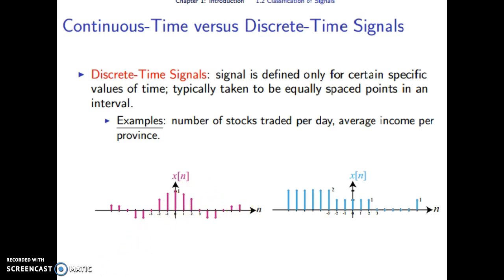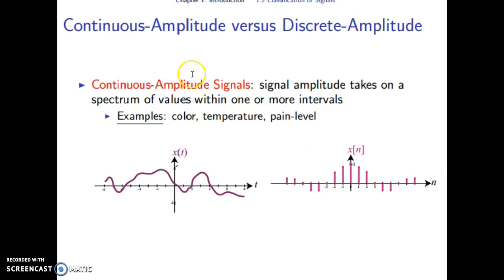All these examples show the signal is defined only for certain specific intervals of time. Now let us see the third one, that is continuous amplitude versus discrete amplitude. Here the amplitude is continuous in both cases. In one case the time is discrete but the amplitude is continuous, and in the other the time is continuous and the amplitude is also continuous.